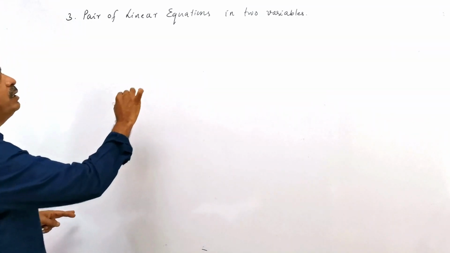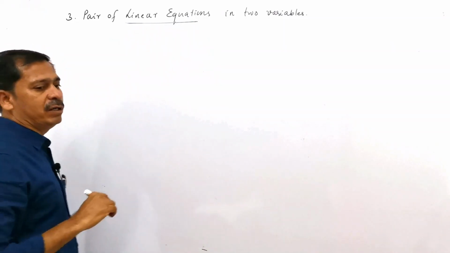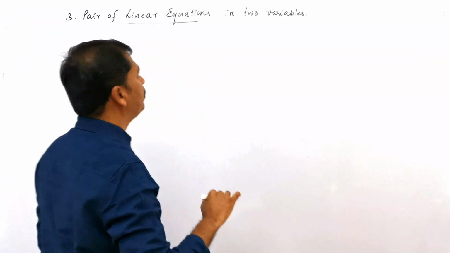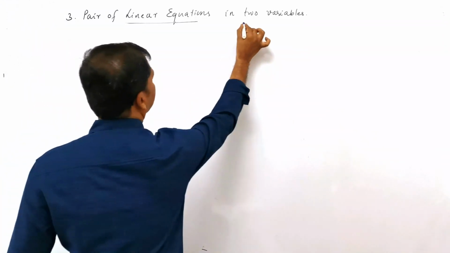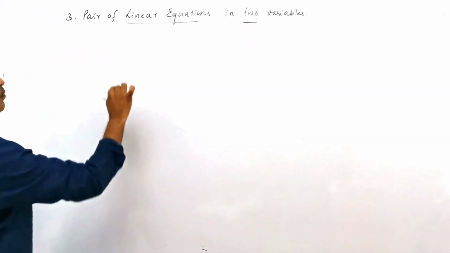Pair of linear equations. First of all, let us try to understand the meaning of a linear equation in two variables before moving to the pair.